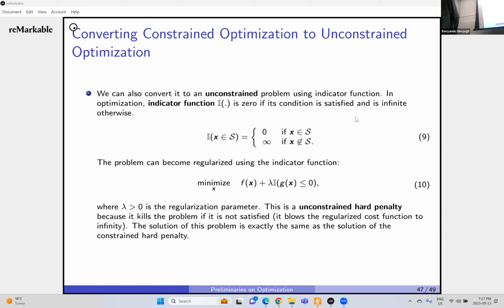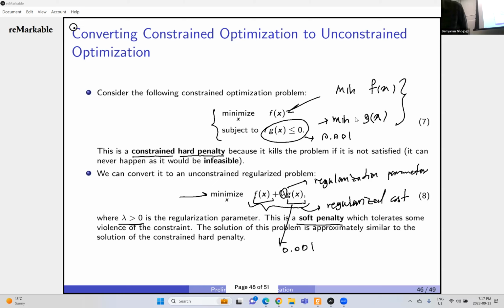Now assume there's another way to convert. By the way, there are a lot of things you can talk about with just this simple equation. Have you heard of Lagrangian? Lagrangian is also in the same format. You can interpret Lagrangian as a regularized cost.